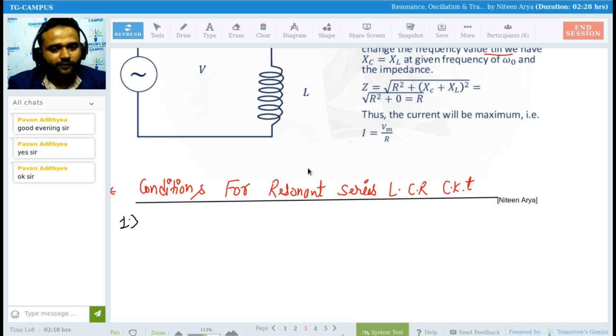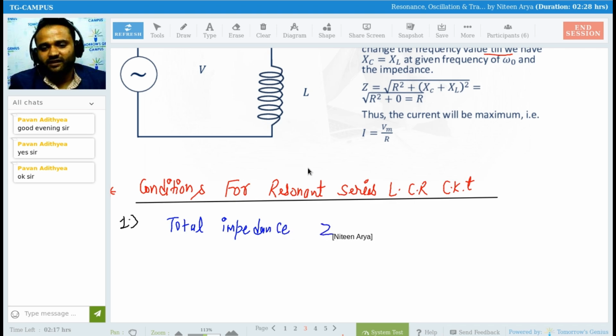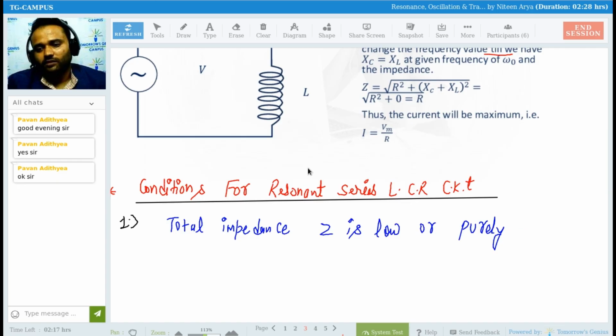The first basic condition is, instead of resistance, total impedance: the total impedance Z is low or purely resistive.